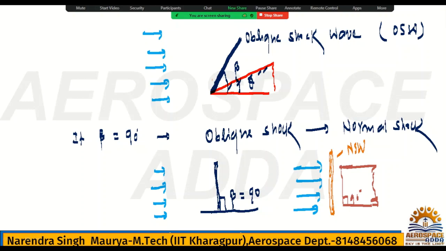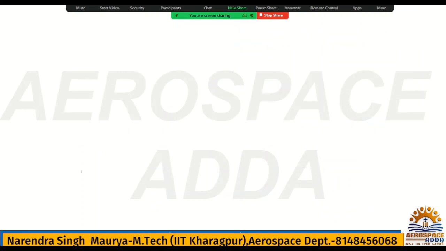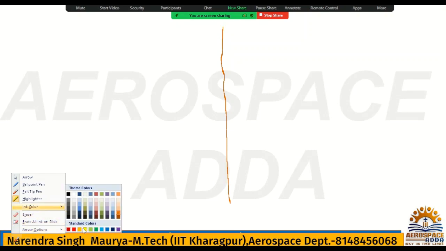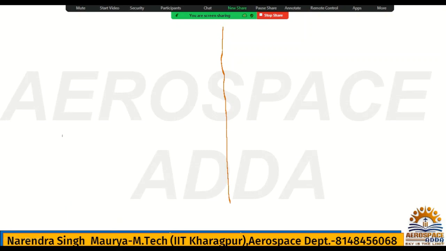Like I explained, there are two things, the expansion corner or expansion fan, and compression. I will show you two diagrams here so you can understand easily. This is the normal surface, and now the surface is inclined like this.